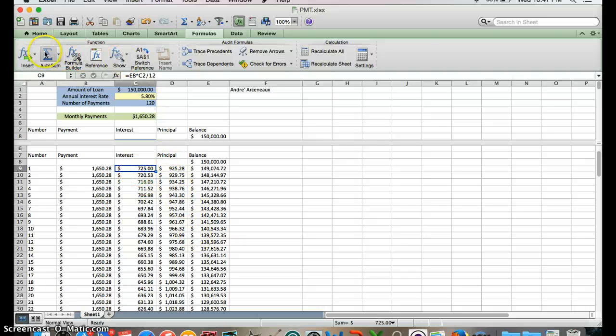So basically, to do that, I just click the formula button, or use this button, and I clicked on the balance with the star to do multiplication. Click on the interest rate, and then divide it by 12, and it gave me $725.